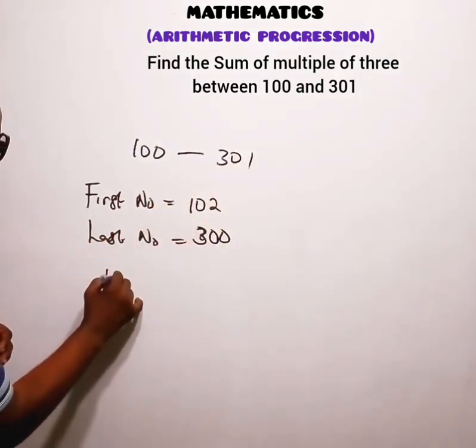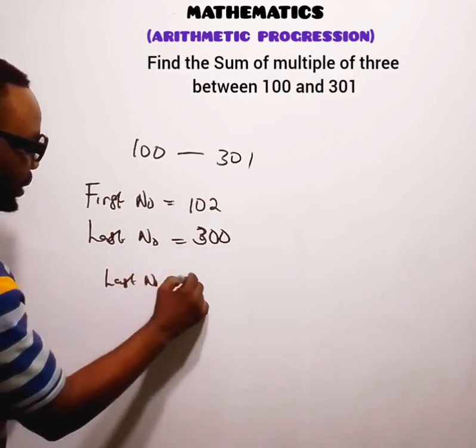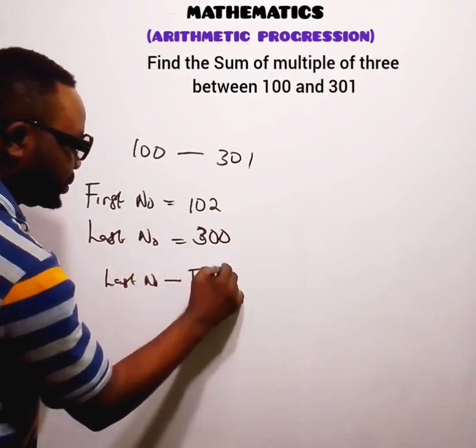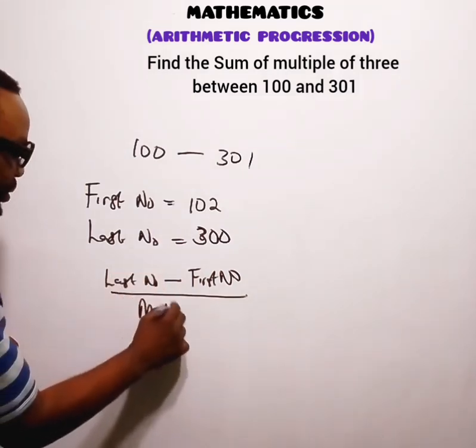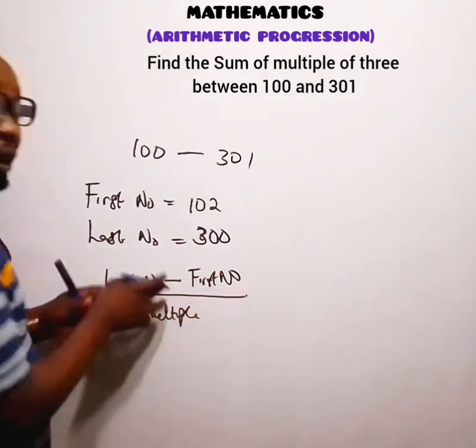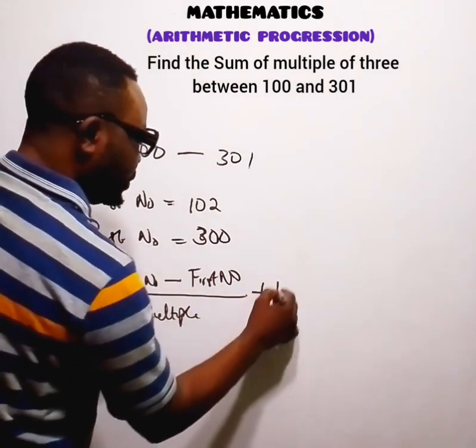You now say the last number minus first number all over the multiple that we are talking about plus 1.